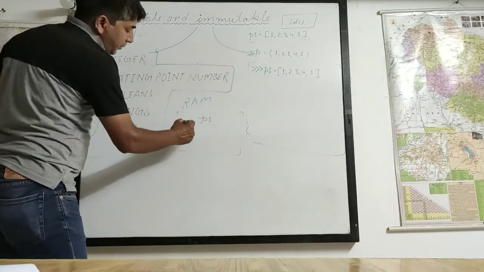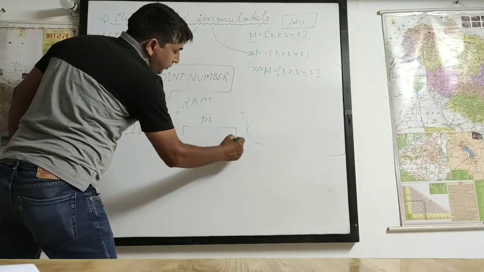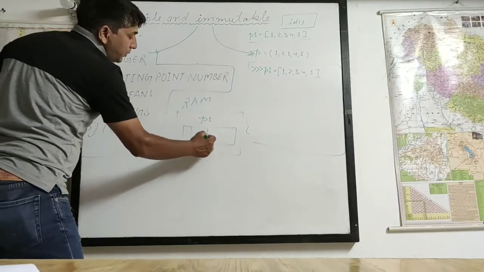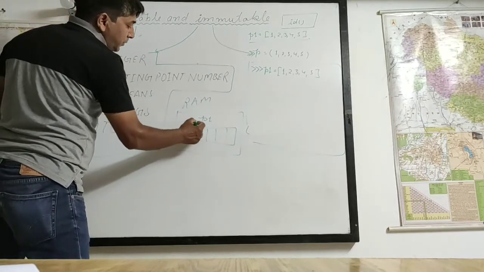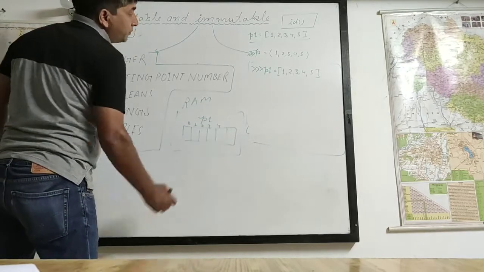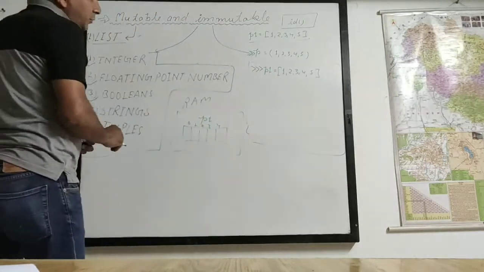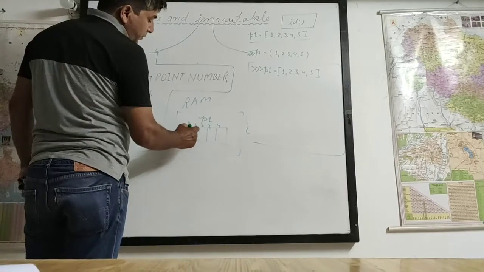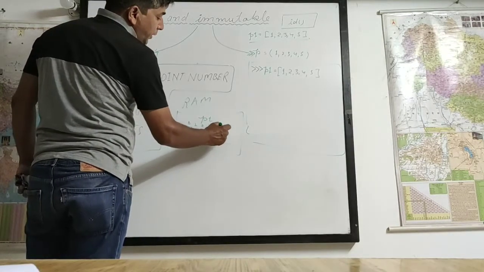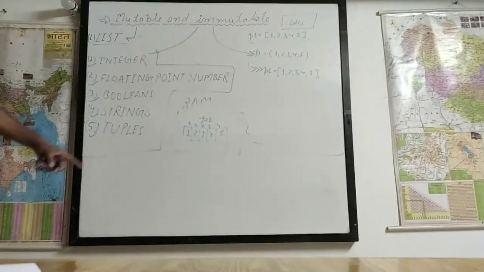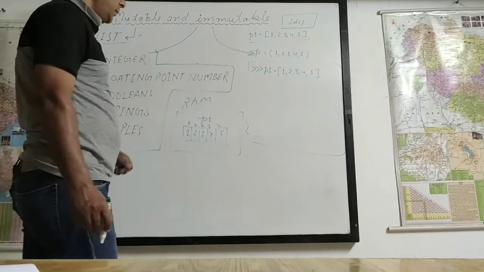P1 is a variable name, and it is stored in indexing format, 0, 1, 2, 3, 4, holding 1, 2, 3, 4 and 5. In this format the memory is stored. इस format में memory store होगी.